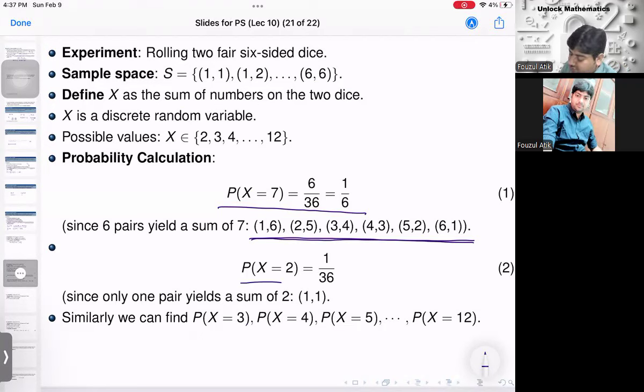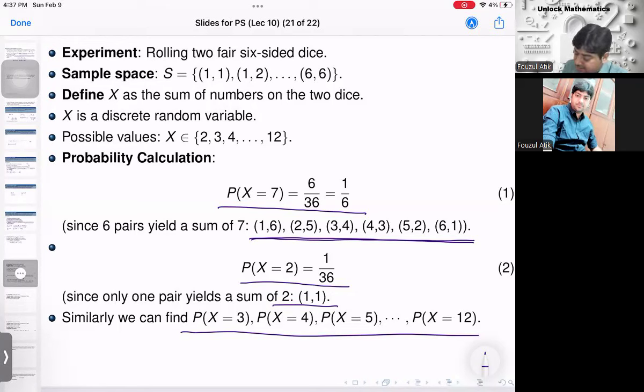Similarly, P of X equal to 2 is what? It is the only outcome where the face value is 1 and 1 on both dice. So the probability of that event is 1 divided by the total number of cases. In the same way, we can find the probability of each event: P of X equal to 3, X equal to 4, 5, up to X equal to 12.